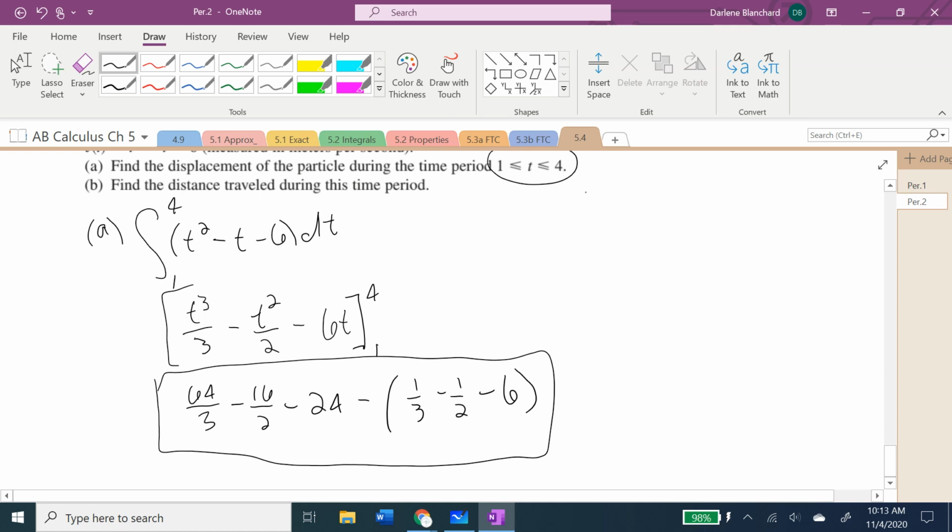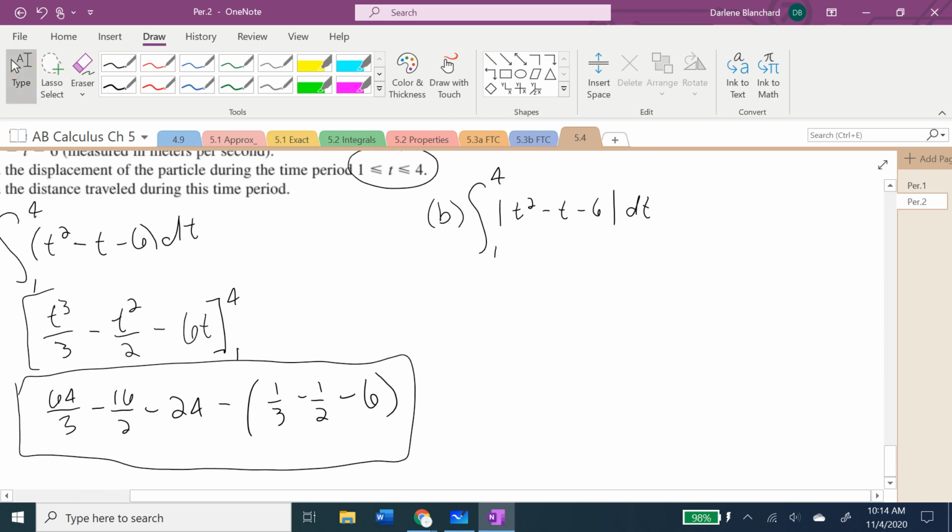Now, if I want to find distance traveled, I'm going to instead integrate the absolute value of velocity. And if you do not have a calculator, you have to realize that when you integrate absolute value, you have to think of absolute value as a piecewise defined function.